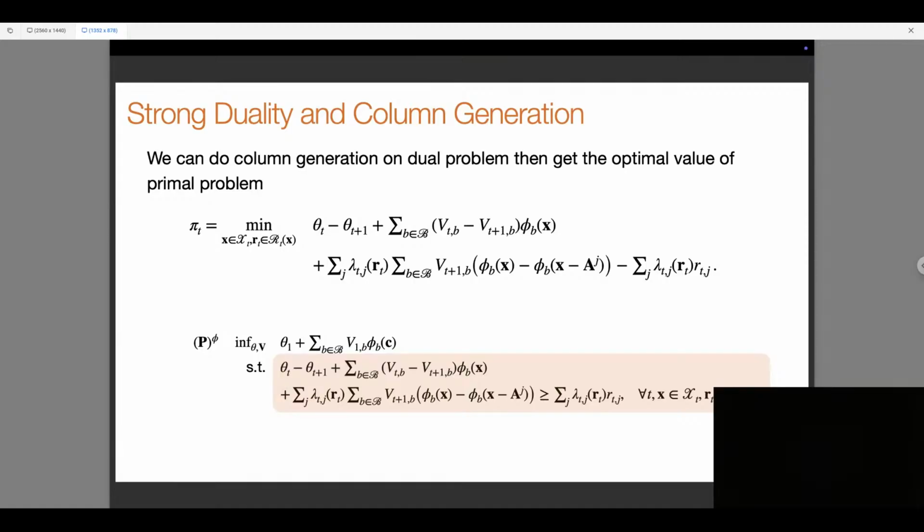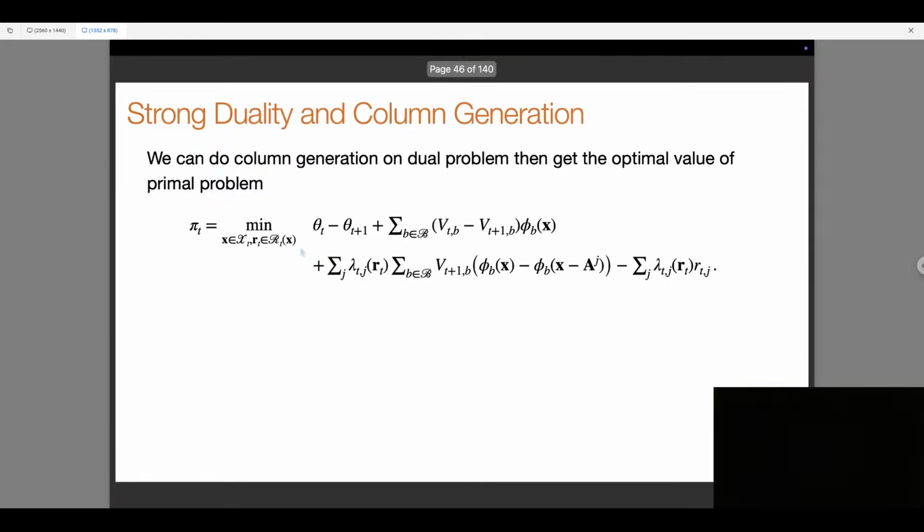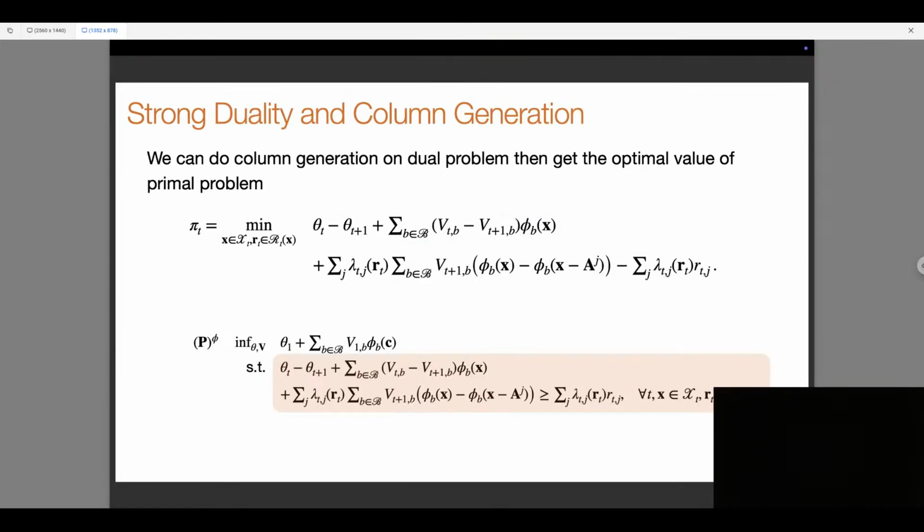We're trying to minimize the constraint as much as we can. This minimization of left hand side minus right hand side is equal to the maximization of the right hand side minus left hand side, so they are equal.